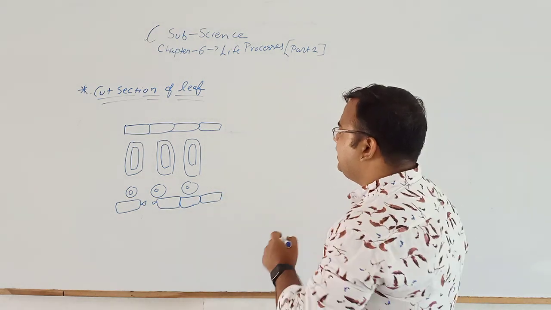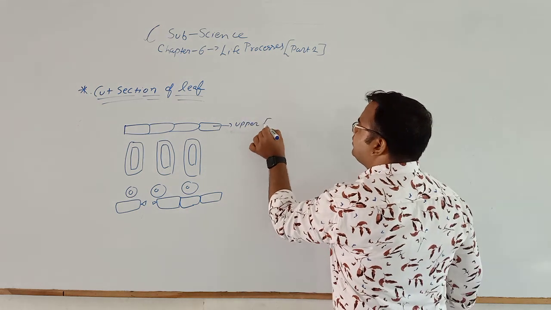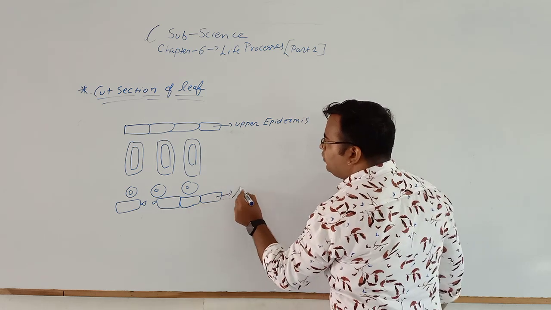Now we will label the diagram. Okay, this is the upper epidermis. This is the lower epidermis.